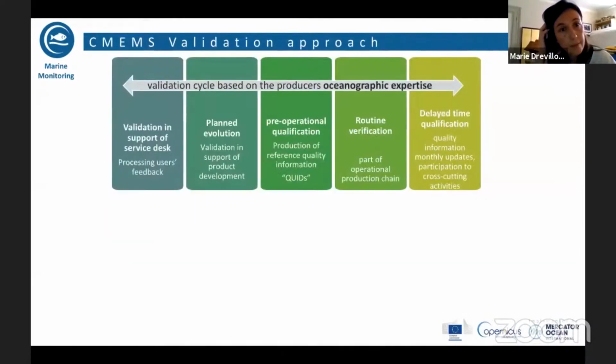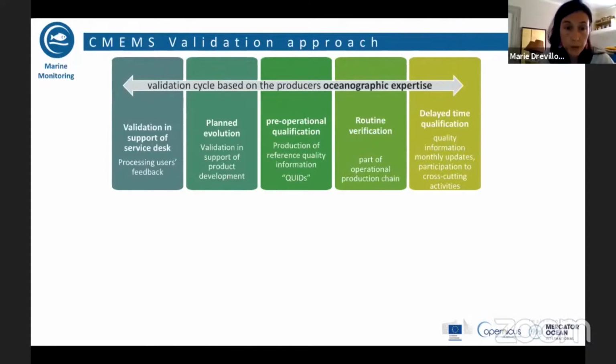So we all use a common approach, a validation approach following the stages of the life cycle of an oceanography product. So we have validation in support of the service desk to answer feedback from the users. We have validation in support of the evolution of the production systems.